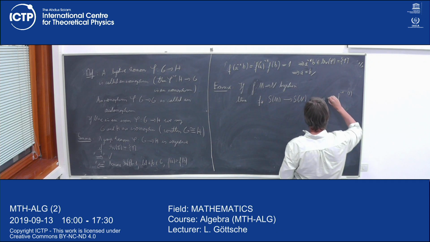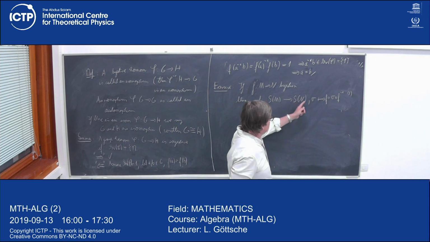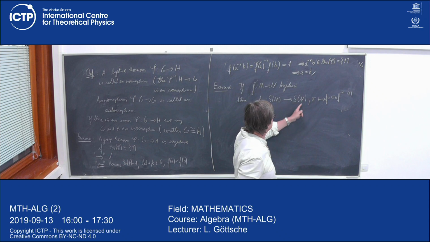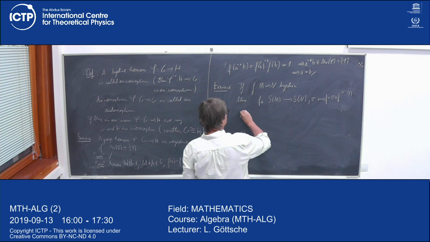So I take an element in N, I take its inverse image under f, then I apply this permutation, and then I map it forward. So this map is an isomorphism of groups.